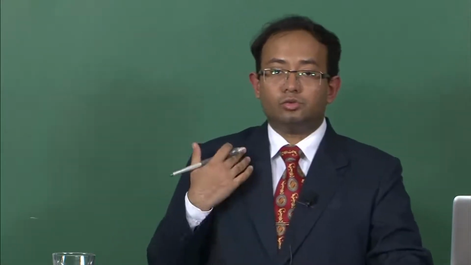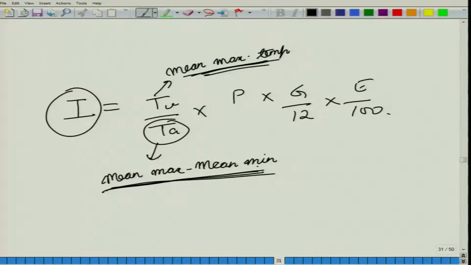Whereas, in cases where your maximum temperatures are very high and the minimum temperatures are very low, your plants have to prepare for adaptations to high and low temperatures. They will be experiencing huge amounts of stress, and putting huge amounts of resources into overcoming these stresses. So, in this equation, the mean maximum minus the mean minimum comes into the denominator.